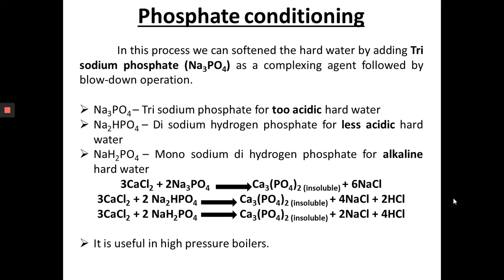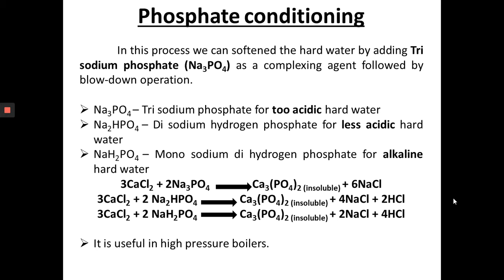When this reacts with disodium hydrogen phosphate, the same major compound, calcium phosphate, is formed, which is insoluble and settles at the bottom of the vessel, and there are two side products, one is sodium chloride and another one is HCl.